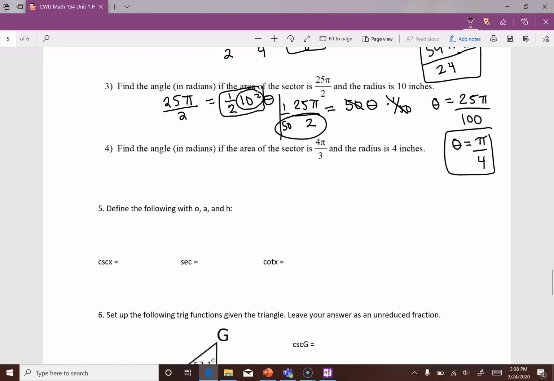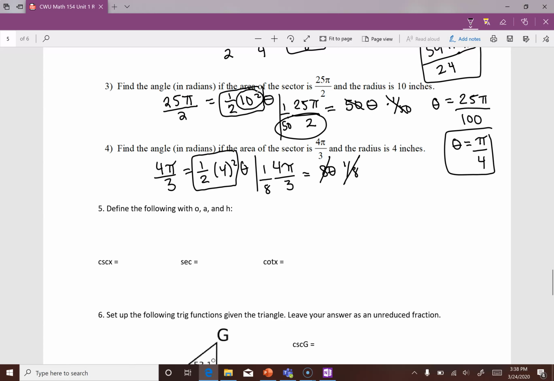Okay, same process for this next one. I'm going to have 4 pi over 3 as my area, equal to 1/2 my radius squared, which is 4 squared, theta. Well, I know that this right here is 1/2 of 16, which is 8. So I'm left with 4 pi over 3 equals 8 theta. I'm going to multiply by 1/8 on both sides.